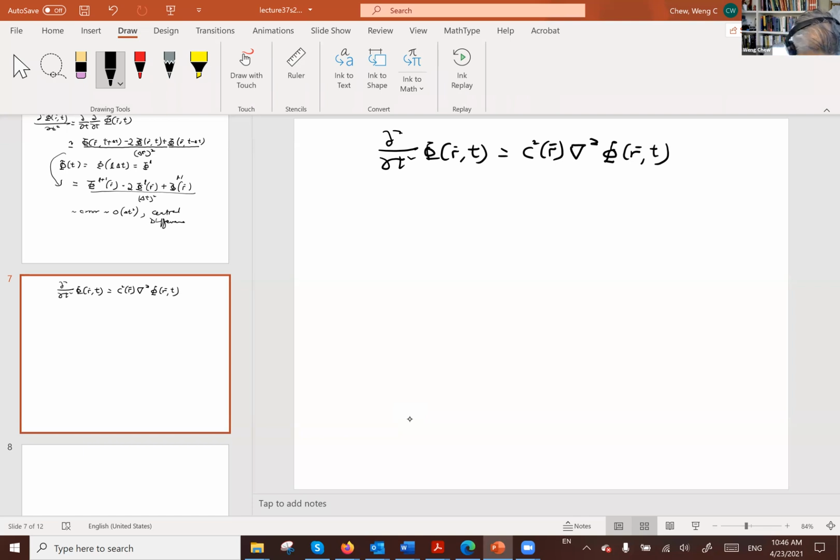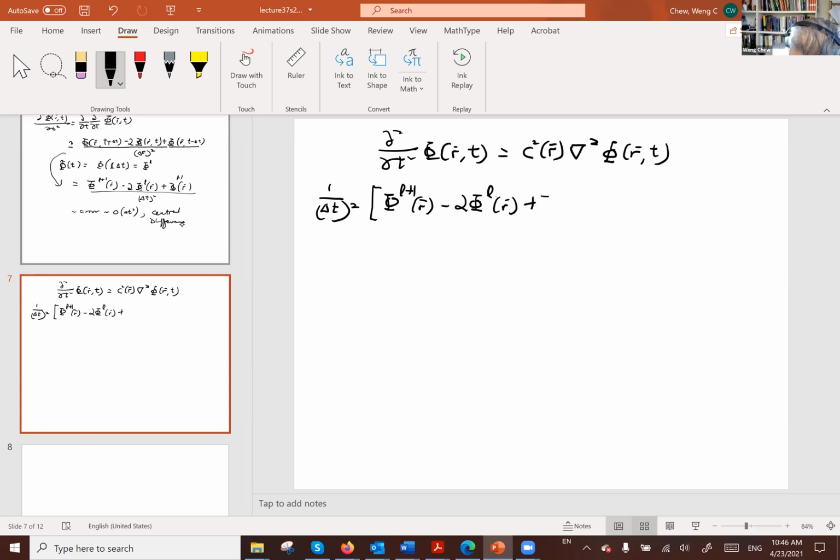If I do that, then I would see that the left-hand side can be written as 1 over delta t squared. Remember that we have a delta t squared from the second order difference approximation. And then phi L plus 1 at r, minus 2 phi L at r, plus phi L minus 1 at r.